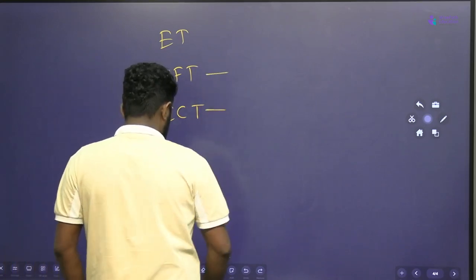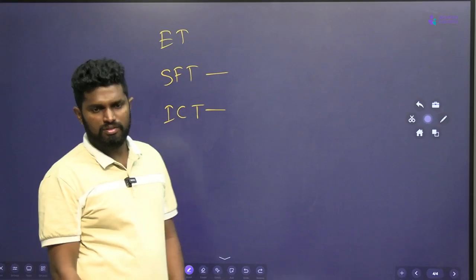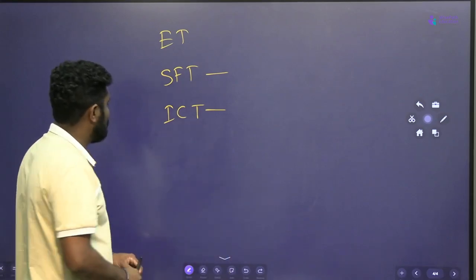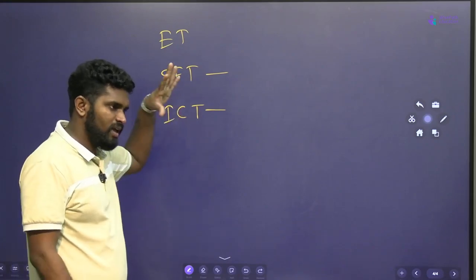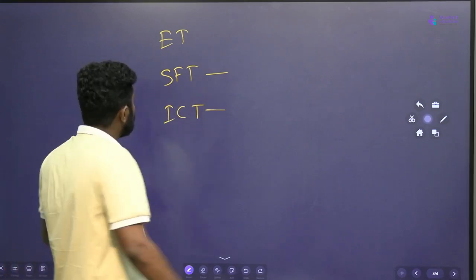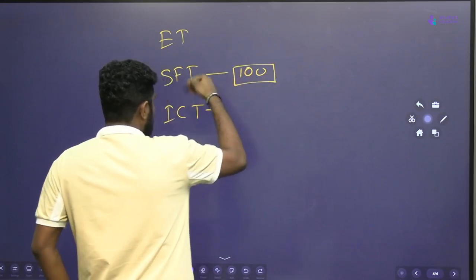Normally if you do the A levels in 2028, it will happen in the month of August. In August, the time is allocated so that ET happens first, secondly SFT, thirdly ICT. For each paper they give 100 marks, no? You can collect the 100 marks in the paper.